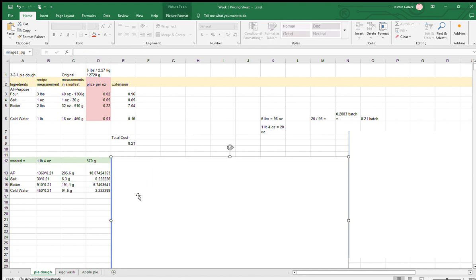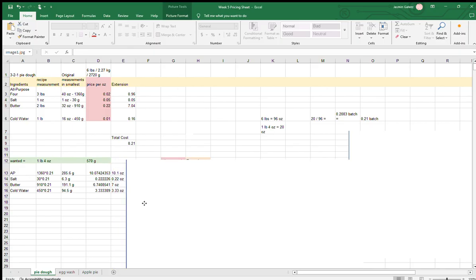You get the point. And then I went ahead and rounded it into something that I can work with, 3 digits at most. So 10.0742 turns into 10.1, 0.2222 turns into 0.22, 6.7 turns into 7, and 3.33 turns into 3.33.